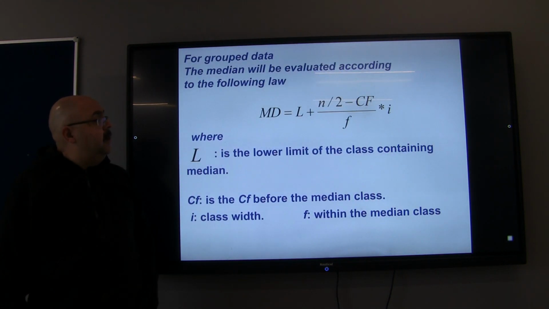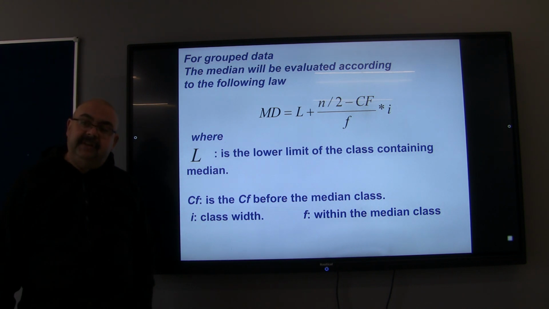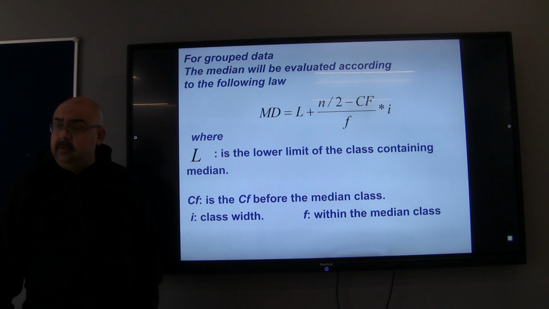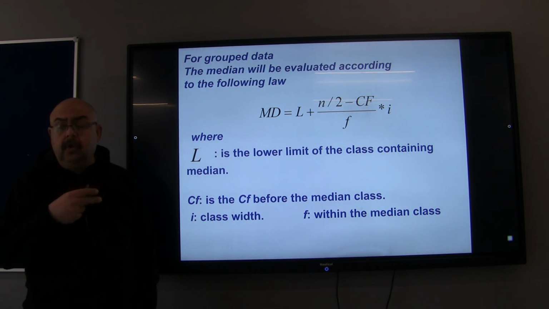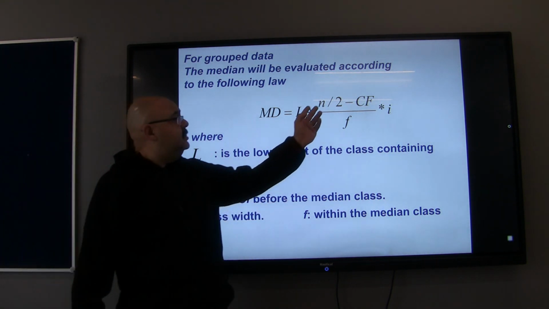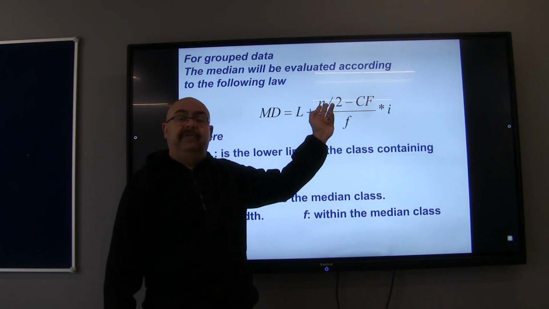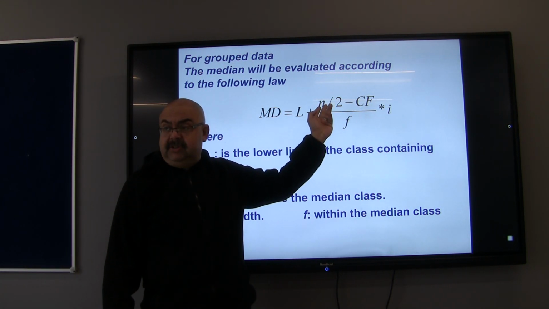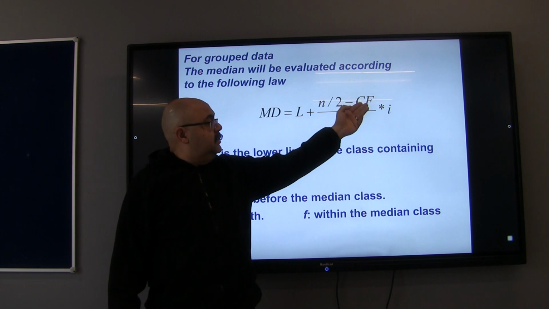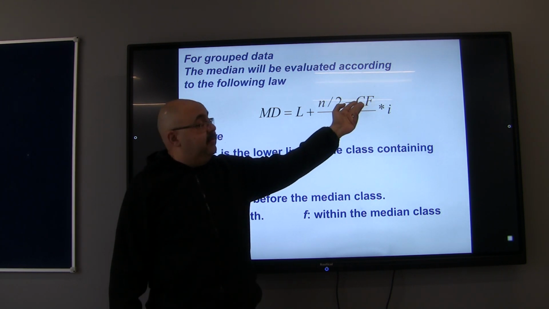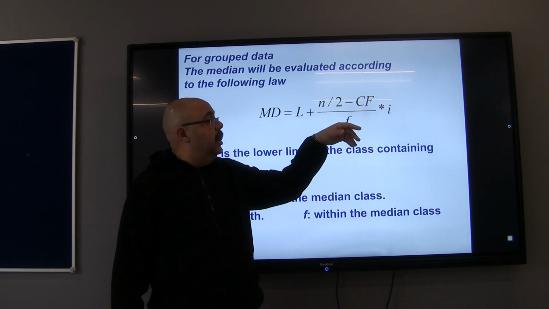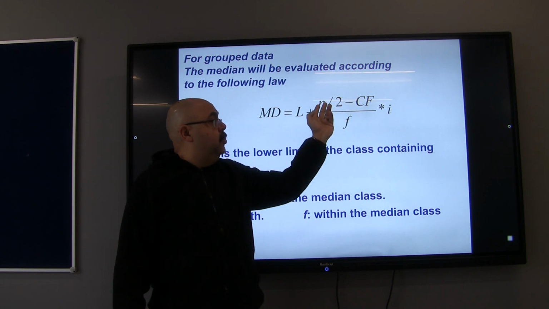Okay, now in the case of grouped data, try to understand this too. In the case of grouped data we use this law. What does the law state? You have to get n over 2, which is the sum of all observations divided by 2, minus the cumulative frequency before the median class, the one less than n over 2.